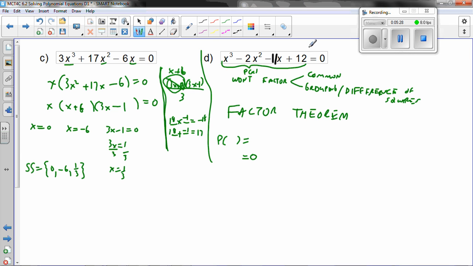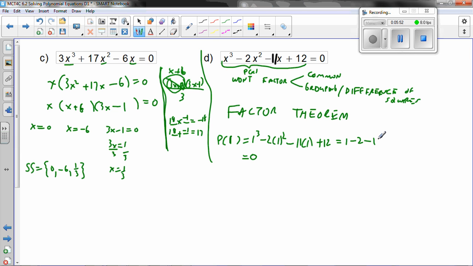And I'm going to start small. Notice there's lots of things that divide into 12. I could try 1, 2, 3, 4, 6, and then 12, and then the negatives, -1, -2, -3. But I'm going to start small, and I think it'll work right away. I'm going to try 1. So I get 1 cubed minus 2 times 1 squared minus 11 times 1 plus 12. And lo and behold, it works right away.